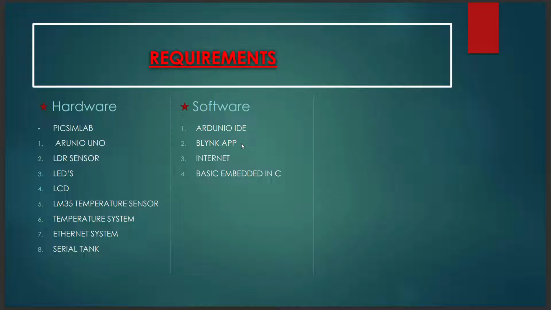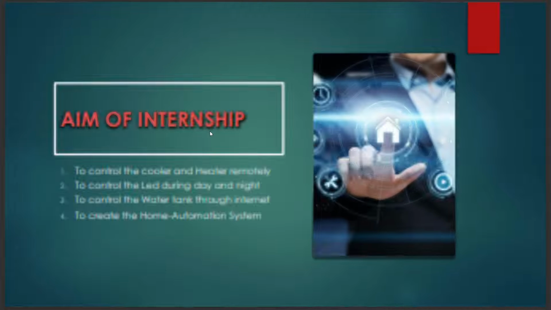Here we use the Blynk app which connects the phone and our device. Internet is a channel which shares data from phone to device and from device to the mobile phone. And the language we are using in Arduino IDE is basic embedded C.